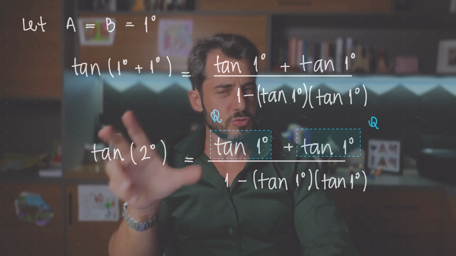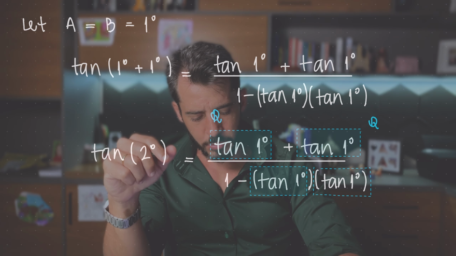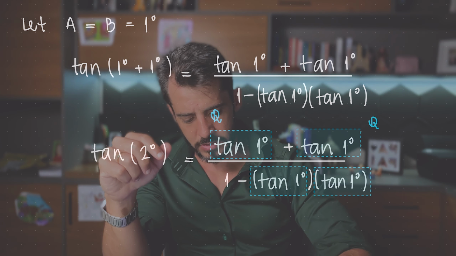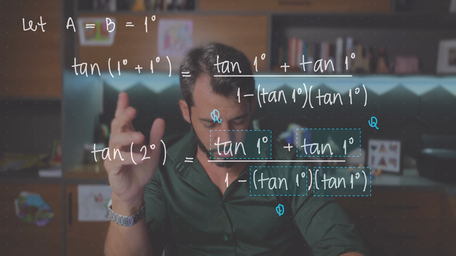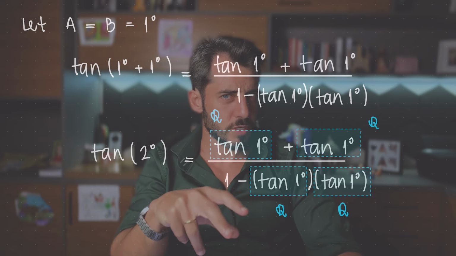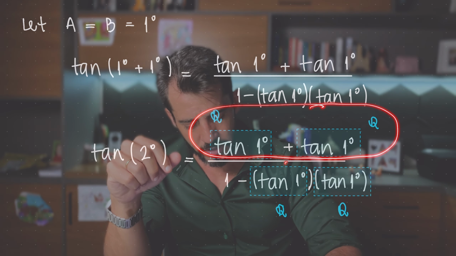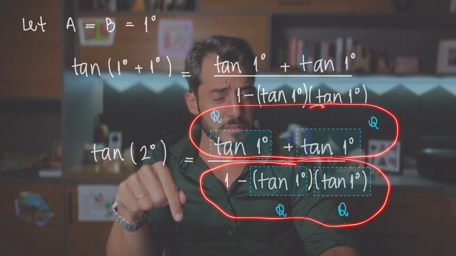And the sum of 2 rational numbers is a rational number over 1 minus the product of 2 rational numbers. The product itself is rational. 1 minus a rational number is rational. And if you take this rational number over this rational number, you still get a rational number.